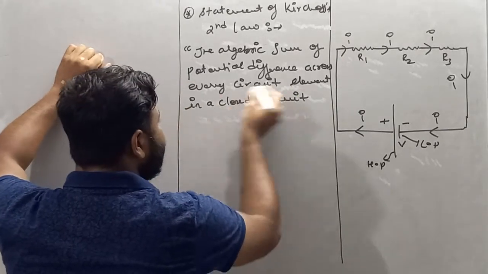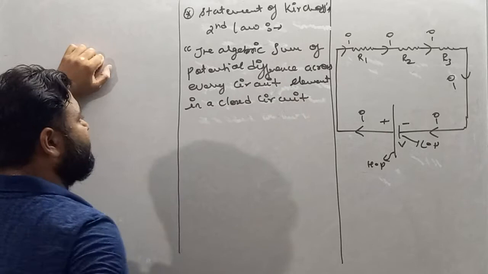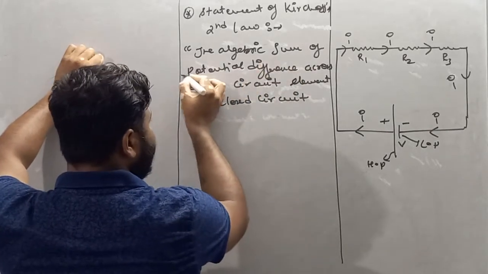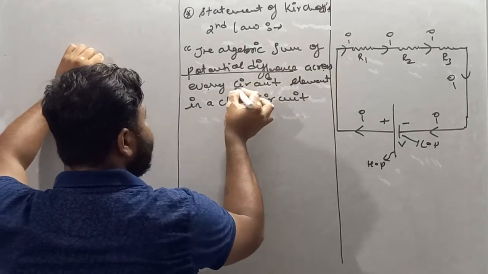Closed circuit means the circuit in which current is capable of flowing.